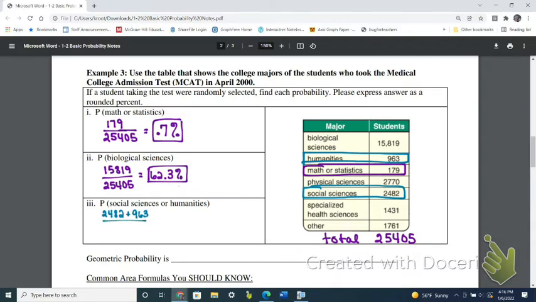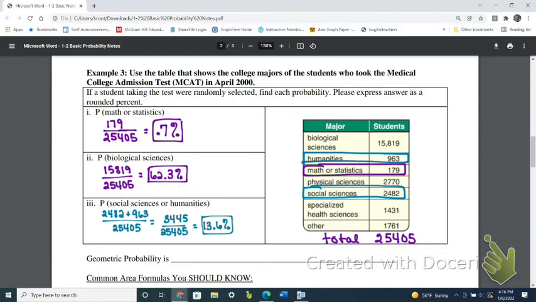Again, all over the total. And when I add those up, I get 3,445. And divide them out, I get 13.6%.